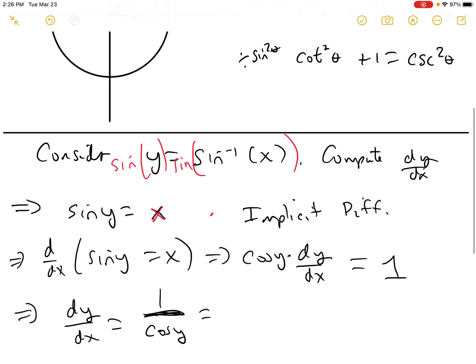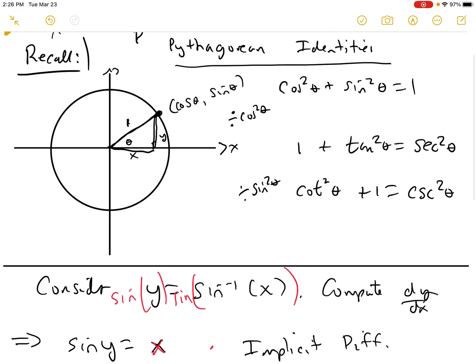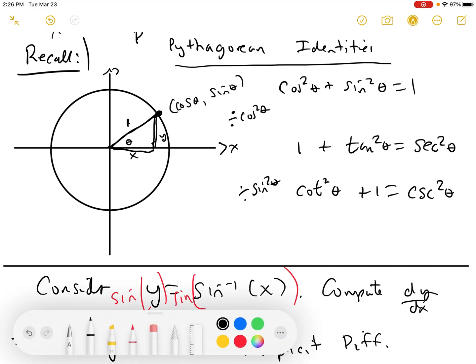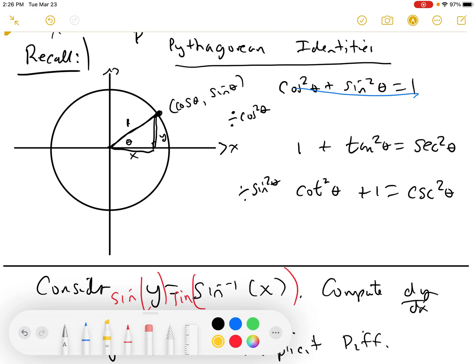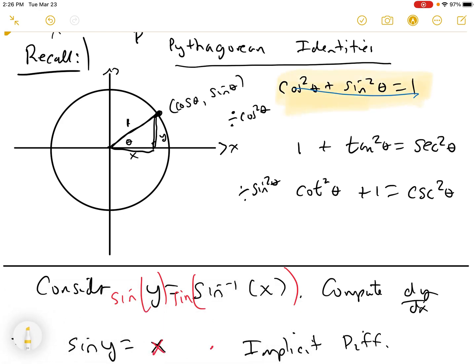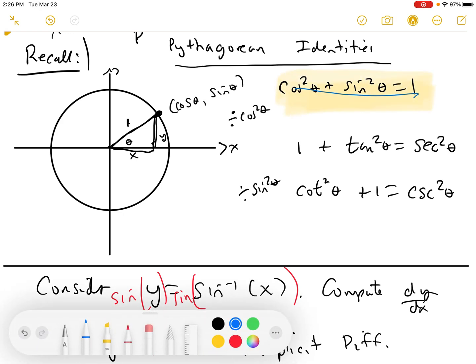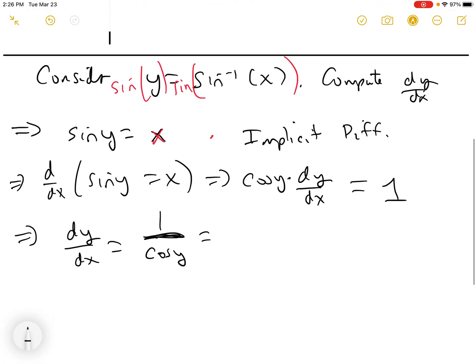Okay. So here's where it gets exciting. If you go back up to this equation here, and solve this for cosine, you get the square root of 1 minus sine squared of y.